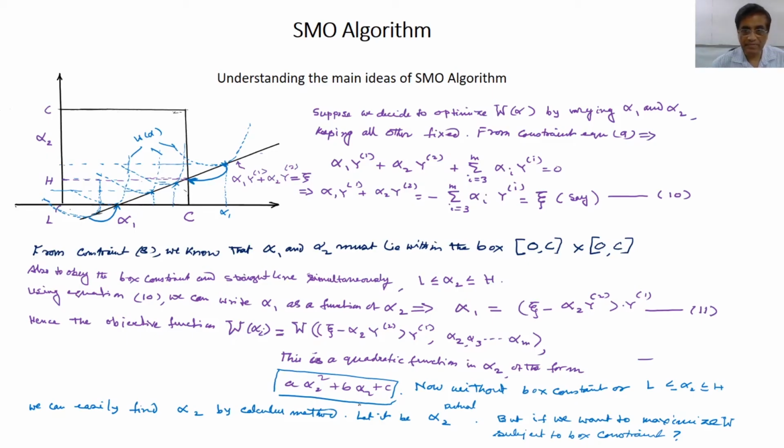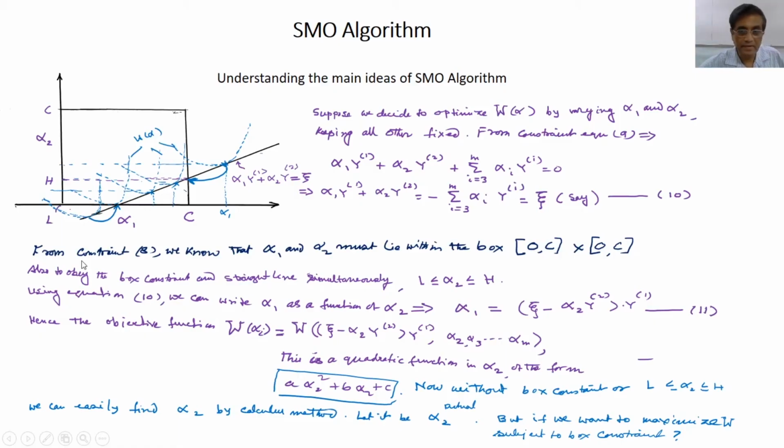So this is the box constraint without the straight line constraint. The moment the straight line comes over here, and the straight line can actually be anywhere, as I showed, here also, then your H and L will vary accordingly.